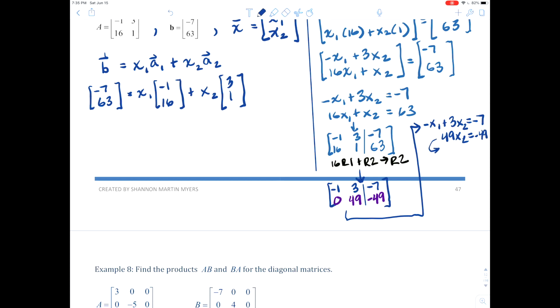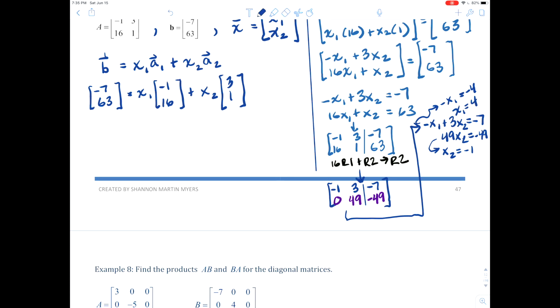So do you see that x2, when we isolate that, will be negative 1, and then plugging in negative 1 for x2 in this top equation, we'll have negative x1. Let's see, we'd get minus 3, then we add that to the other side, we'll get minus 4. So then x1 would be positive 4.